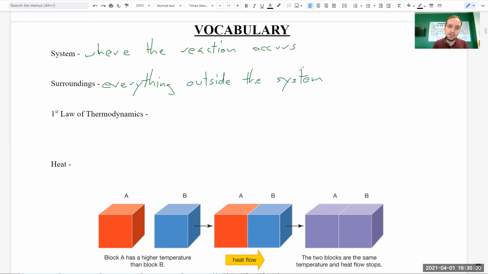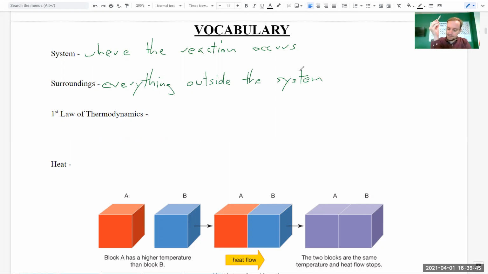Now, what we're going to talk about in this unit is how does energy move into or out of the system? And as energy moves into the system, it has to come from somewhere, and you guessed it, it came from the surroundings. Why that is the case is because of the first law of thermodynamics.